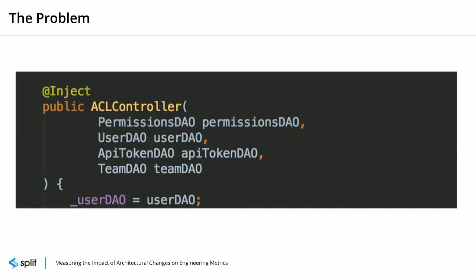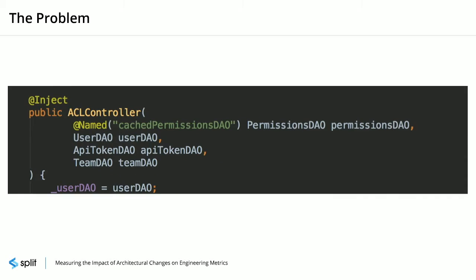As we dove into the system, one of our core pieces of permissioning infrastructure, the ACL controller, we noticed the new code lacked this annotation for using the cached version of the database.